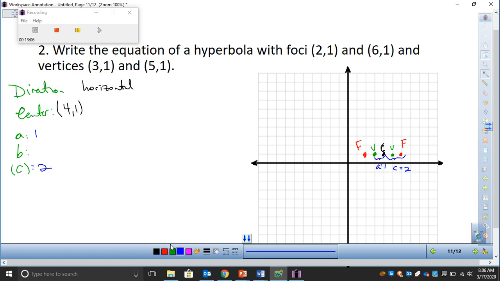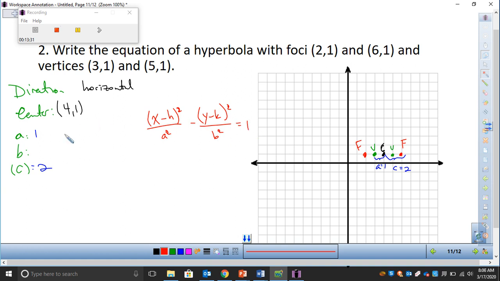So our equation now of one that opens left and right is going to be this. We have left and right, so x. I'm always going to put my positive fraction first: x minus h squared over a squared minus y minus k squared over b squared equals 1.